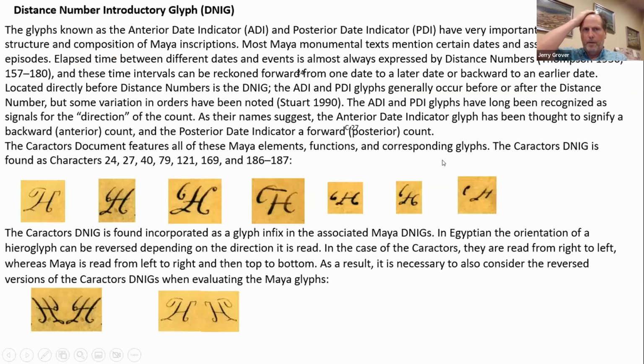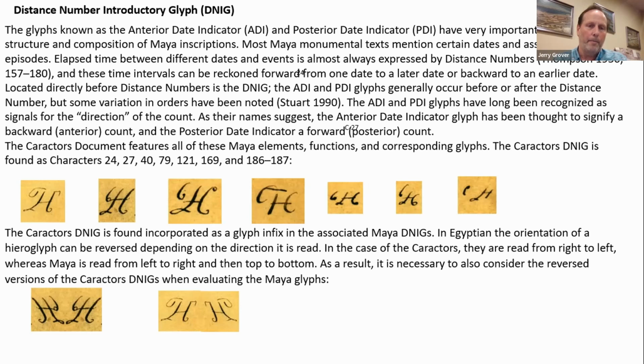So let me get to the distance number introductory glyphs, which tell you there's a distance number associated with it. As I pointed out, there are these H type glyphs in the Characters document. Now, in Maya and also in Egyptian, these glyph forms could flip and be reversed, depending on whether you were reading from right to left or left to right.